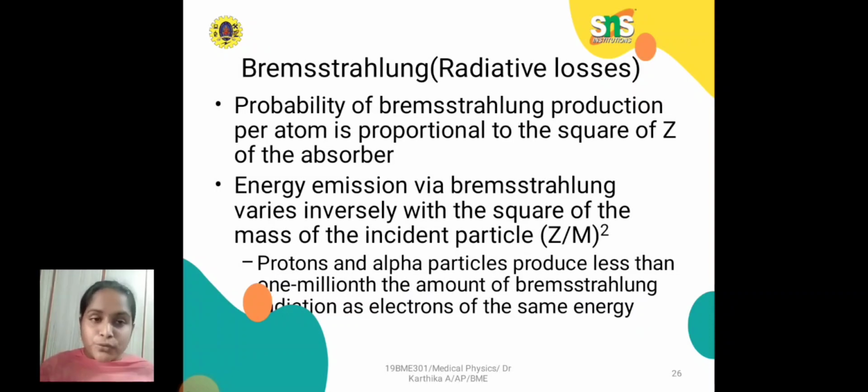Here the protons and alpha particles produce less than 1 millionth the amount of bremsstrahlung radiation as electrons of the same energy. Okay, here the bremsstrahlung concept clearly shows the radiative losses during interaction of X and gamma radiation with matter.